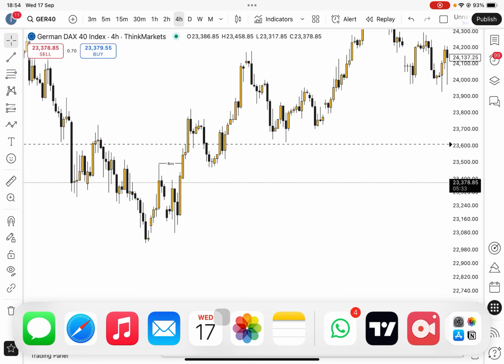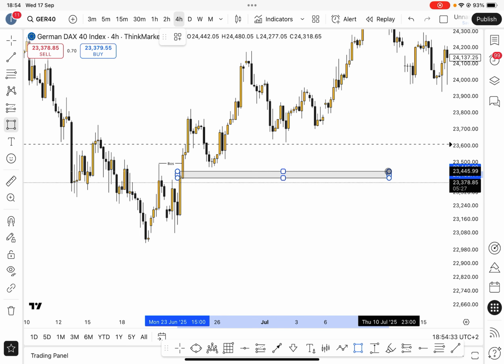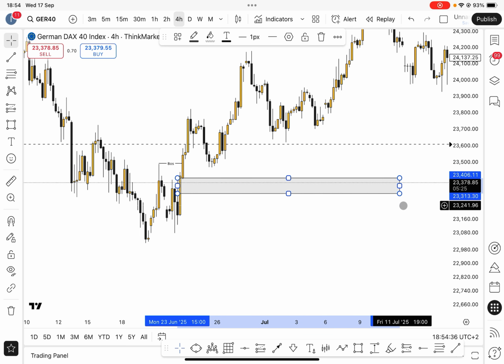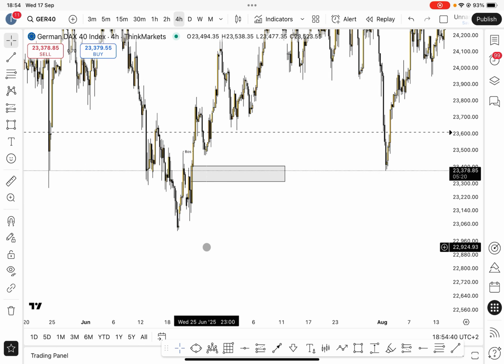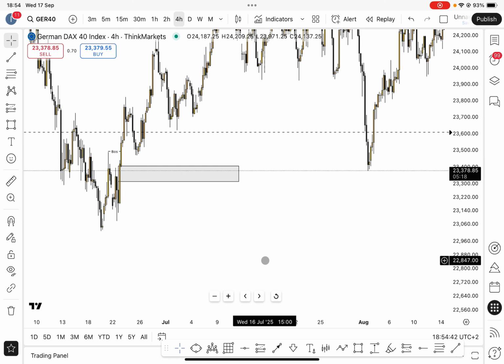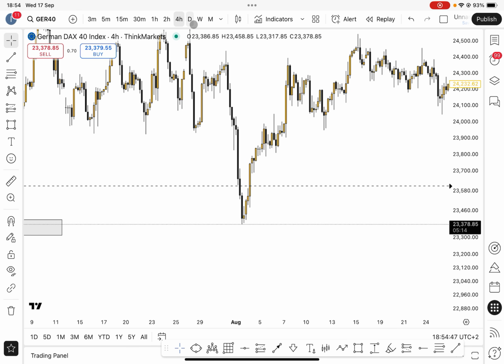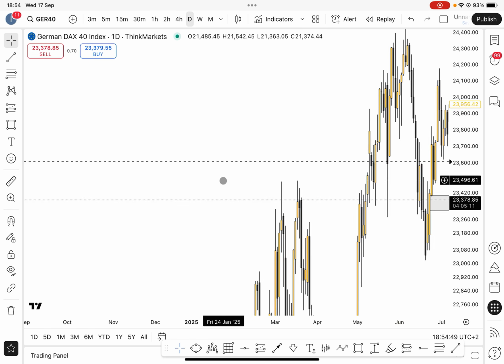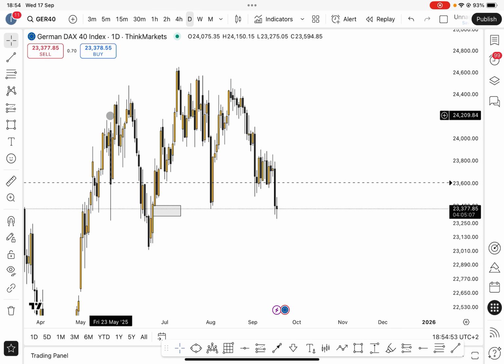Thirdly, there must be volume and imbalance. We can identify that there is an imbalance here from the 4 hours because we are starting our analysis from the 4 hours time frame. Mind you, on German 40, we're actually in a downtrend. You will see price gave us a double top or a triple top.